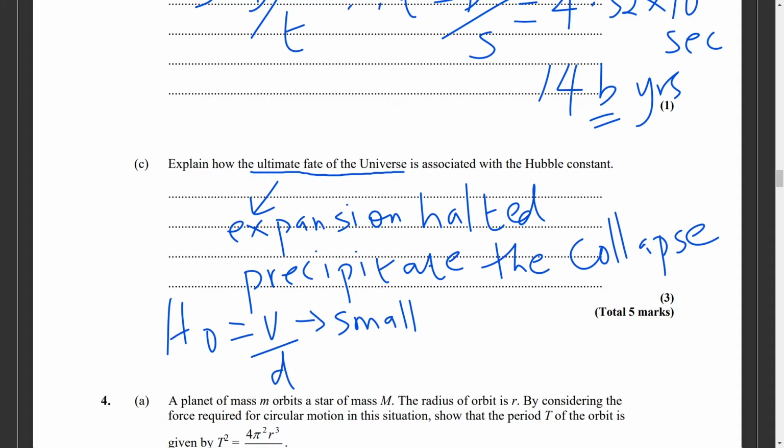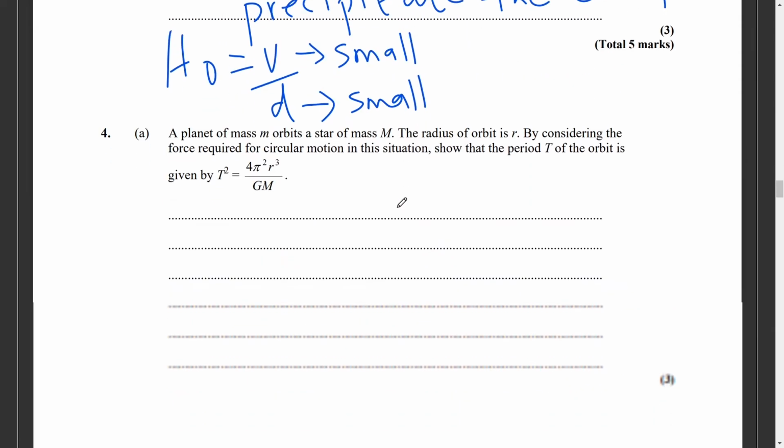The speed is going to get small because, remember, the expansion is going to halt. And ultimately, the distance is also going to get very, very small. And when this happens, if these two values get very, very small, then it's almost impossible to have a value for the Hubble constant. All right? So we say that the fate of the universe is that it's going to collapse.